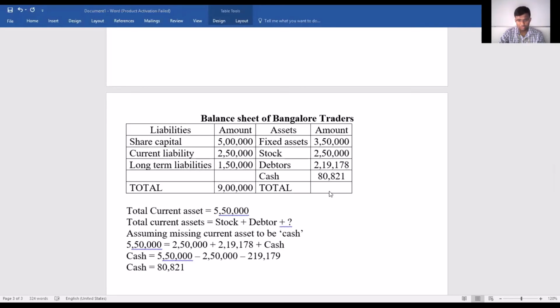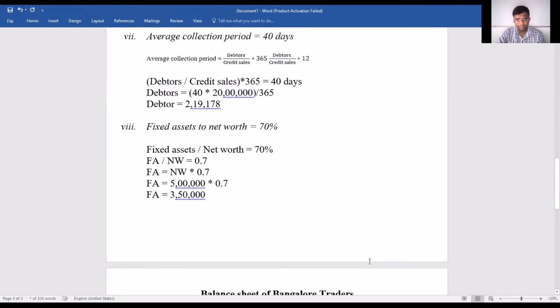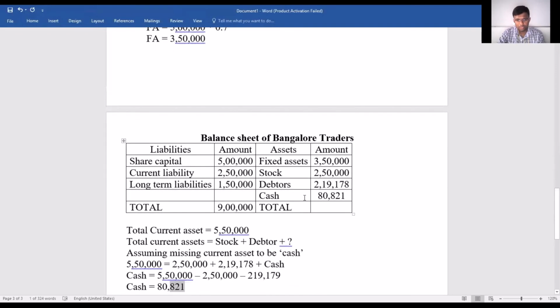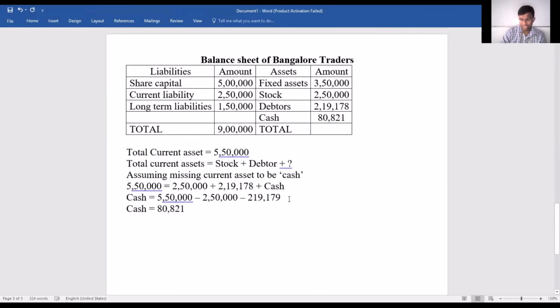Okay, sorry, that's because I had typed the value incorrectly here. Thank you for bringing that to my notice. So this would be 822 here, and then the total. Is it matching? It is matching.